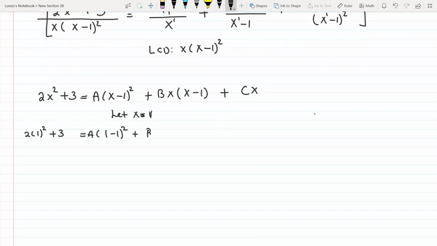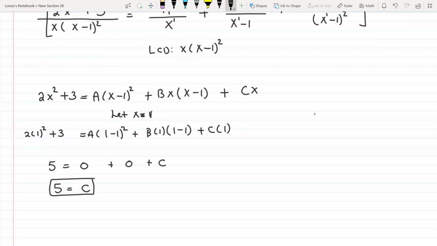And then this is A times (1 minus 1) squared, plus B times 1 times (1 minus 1), plus C times 1. So 1 squared times 2 plus 3, that's 5. This is going to be 0, right? 1 minus 1 squared is 0, plus this. 1 minus 1 is 0, so 0 times B is still 0. And then C times 1 is C. So you get 5 equals C. Okay, I'm going to box it.